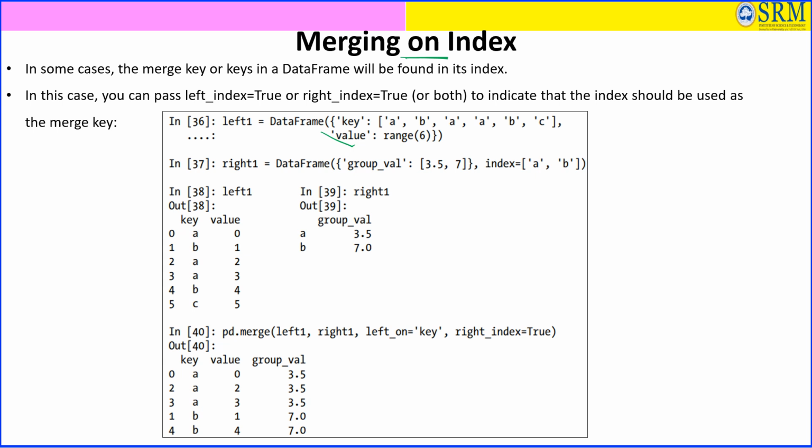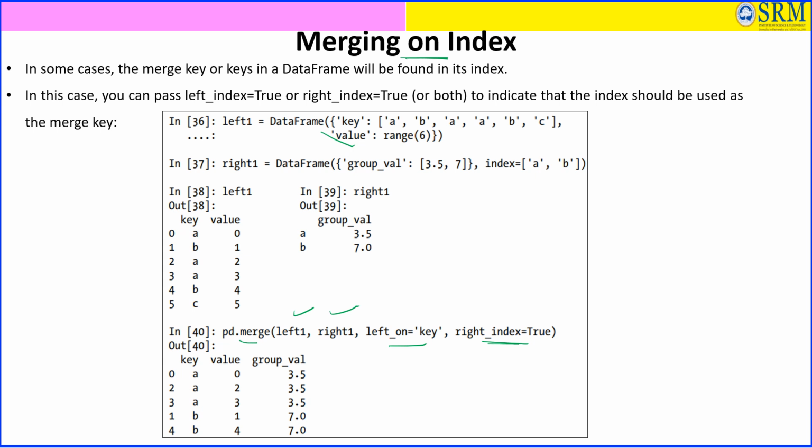Now you have to merge with pd.merge, left one and right one, left_on='key' and right_index=True. Left on key means this has to be taken. So in the key you have A, B, but C should not be taken because C is not in the second data frame.